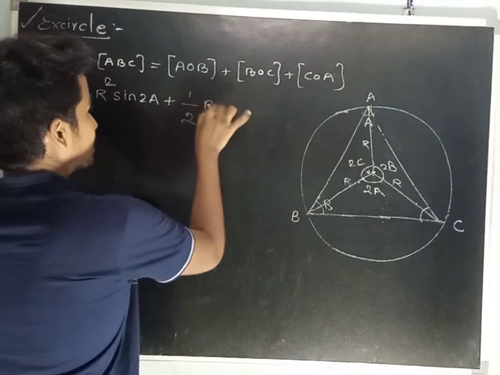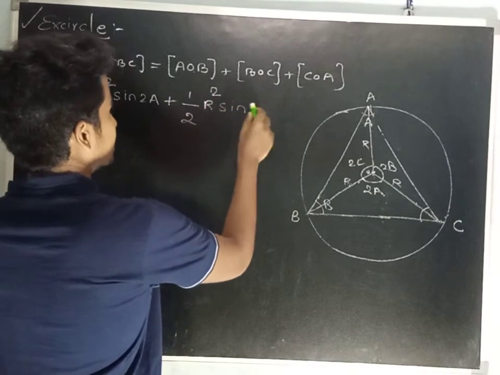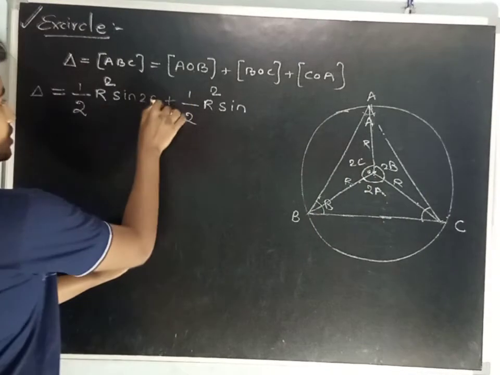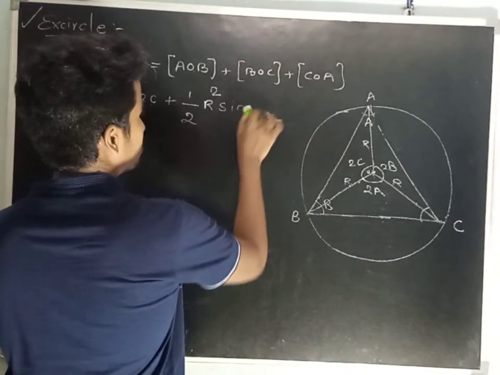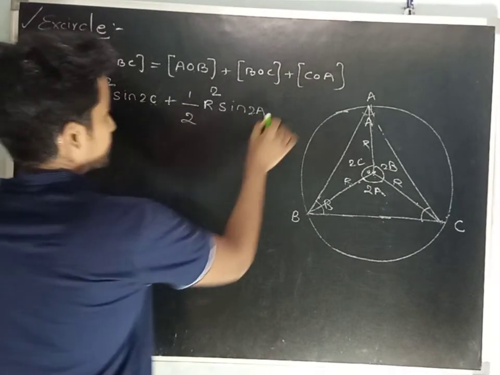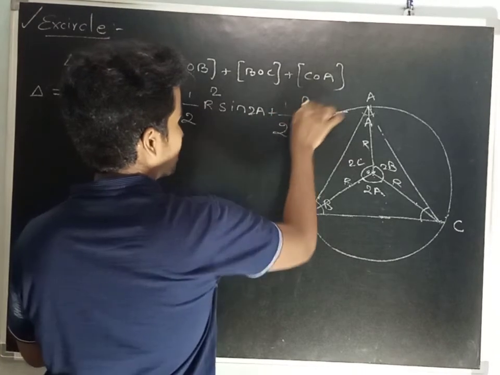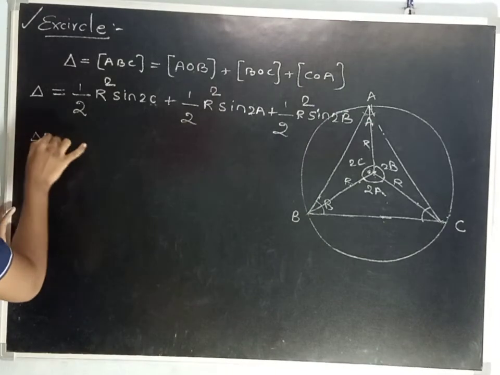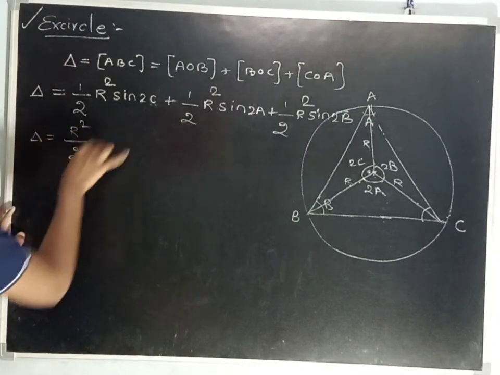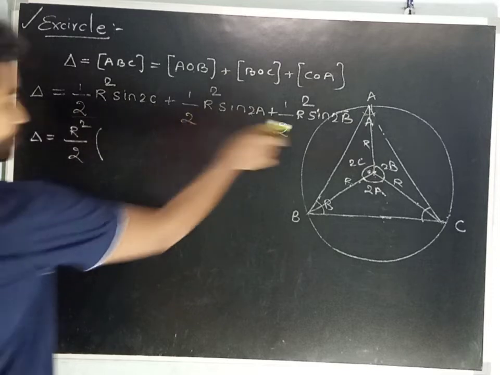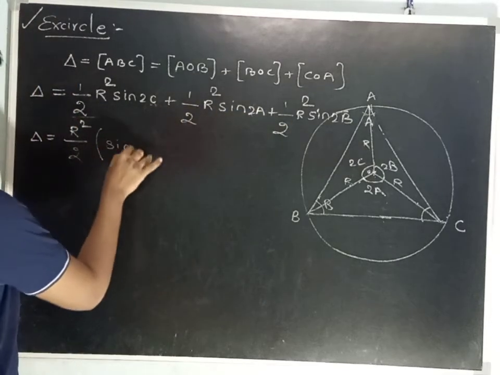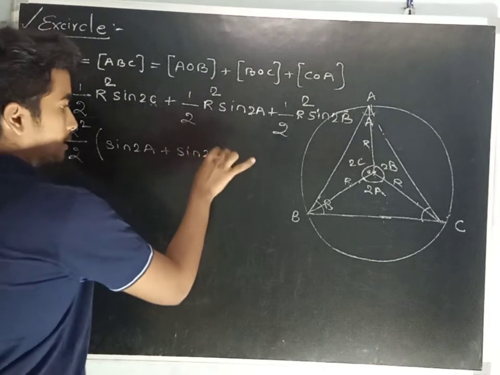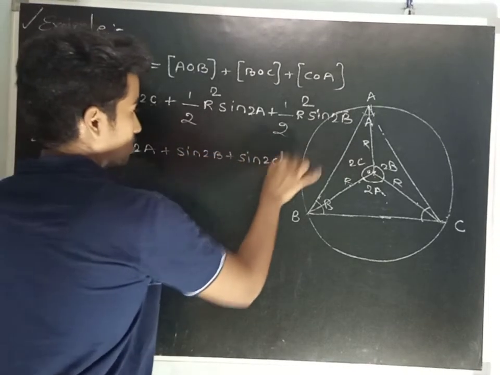Plus half R square sin 2A, plus half R square sin 2B, is equal to R square by 2 into, let me take this part as common from each and every term, so that I am going to get sin 2A plus sin 2B plus sin 2C.